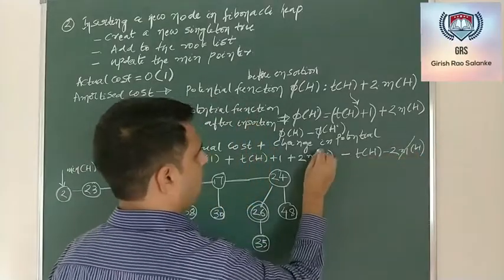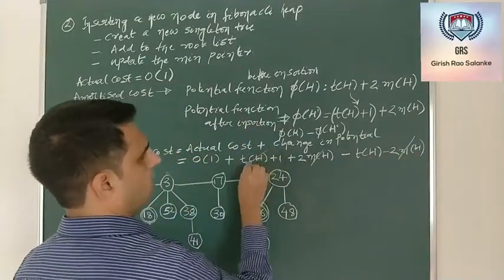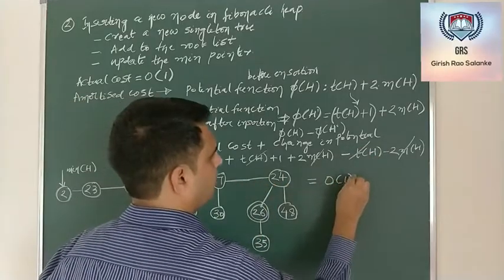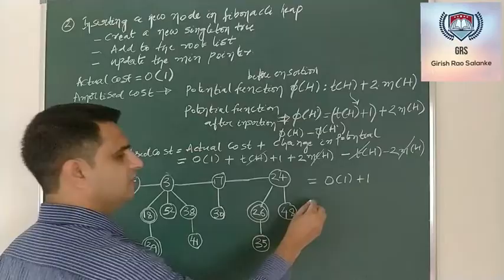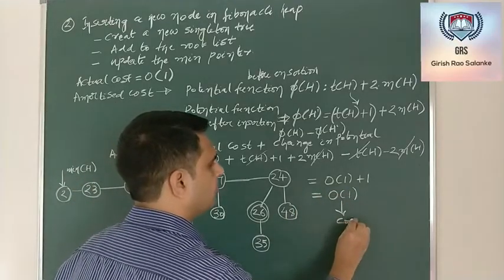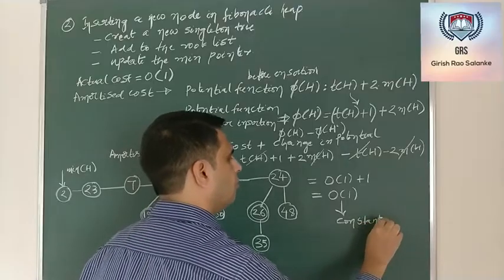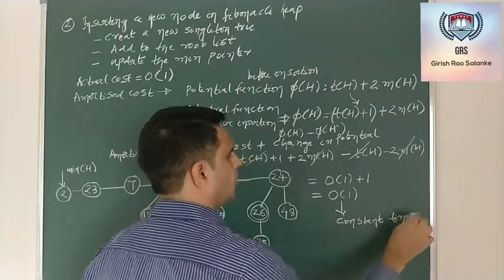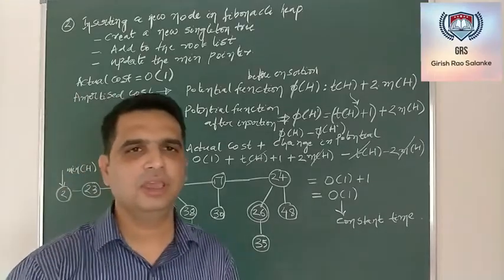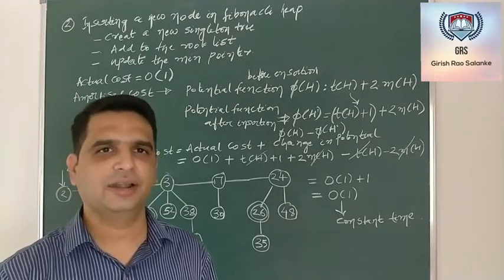So this got cancelled, this got cancelled, and you are left with order of 1 plus 1. What is the time? This is once again order of 1. That takes a constant. So note that insertion of a new node onto a Fibonacci heap takes constant time.